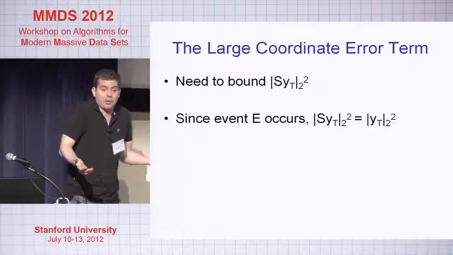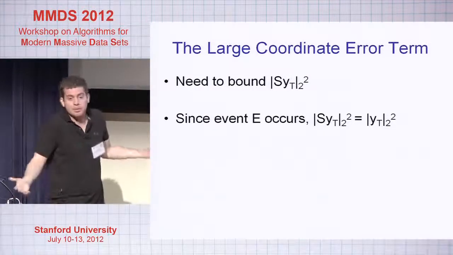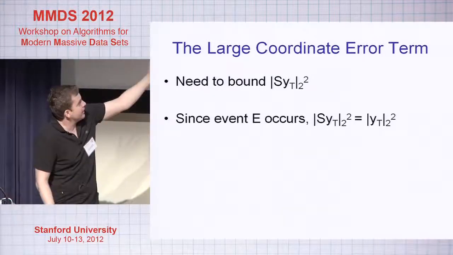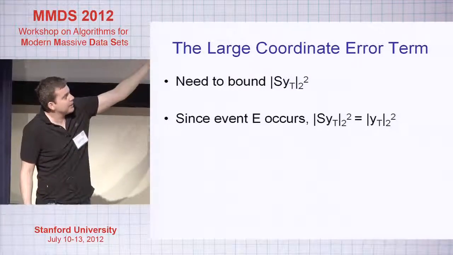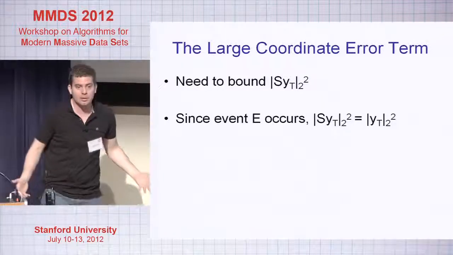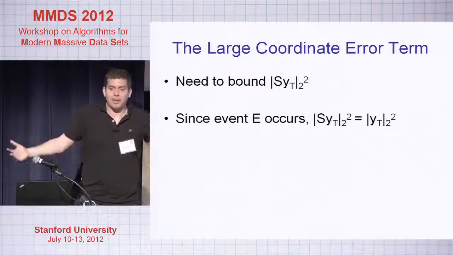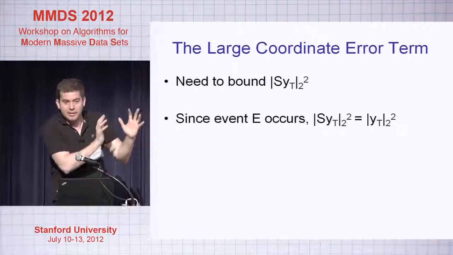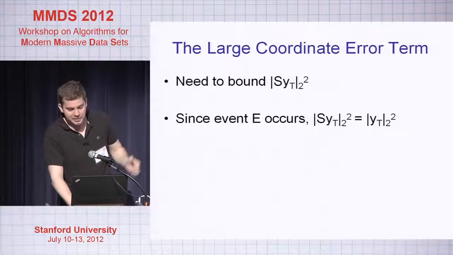Well, event E occurs, right? So all the heavy coordinates get perfectly hashed. So actually we have an isometry. The 2 norm of S y_T squared is actually equal to the 2 norm of y_T squared. So we sort of dealt with all the heavy coordinates immediately, given this event E, which we just conditioned on at the beginning.